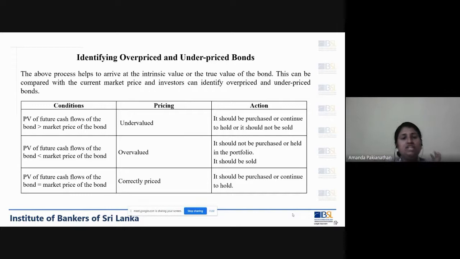Now, coming to this decision, we are going to compare two things. You will compare the true value of the bond, which is the value you get from the bond valuation calculation, against the market price of the bond.